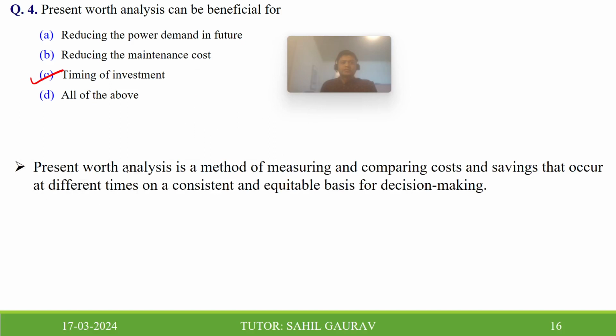So present worth analysis is a method of measuring and comparing costs and savings that occur at different times on a consistent and equitable basis for decision making. It helps you in the decision making for the time of investment.